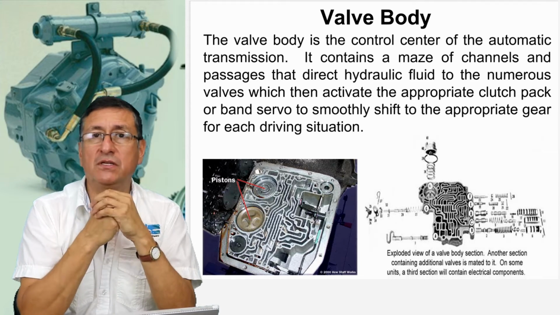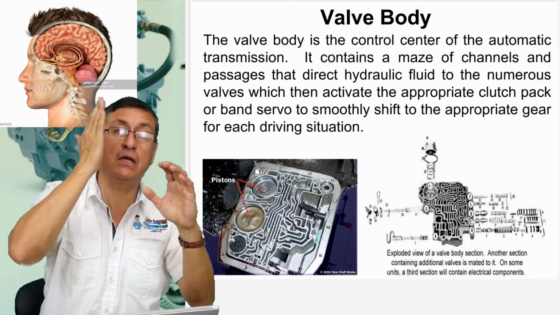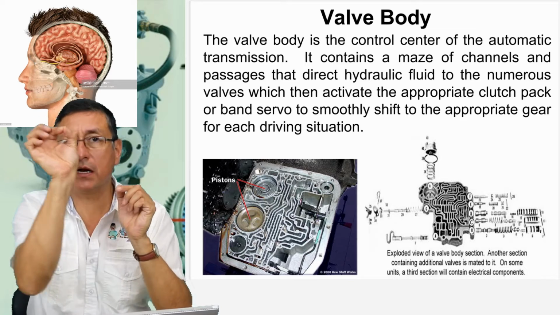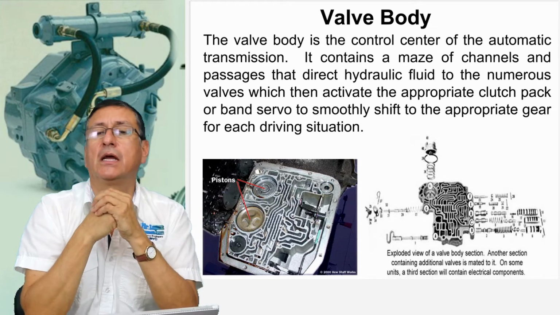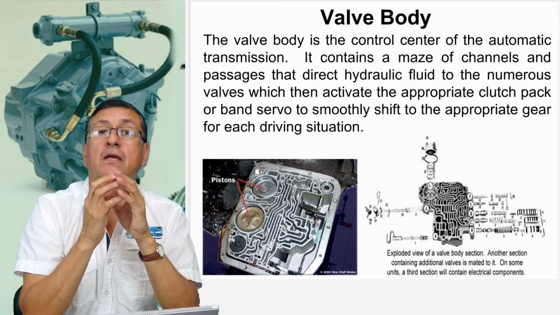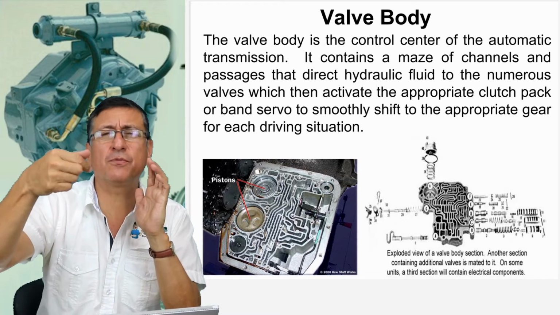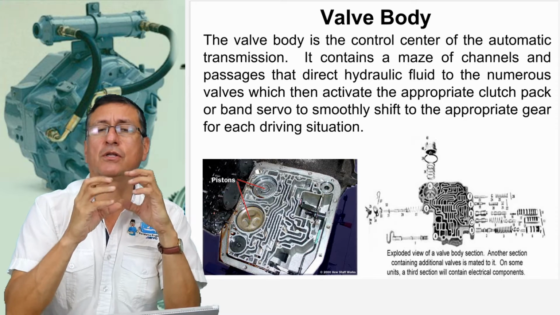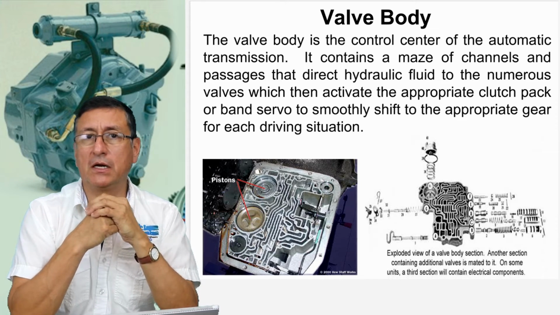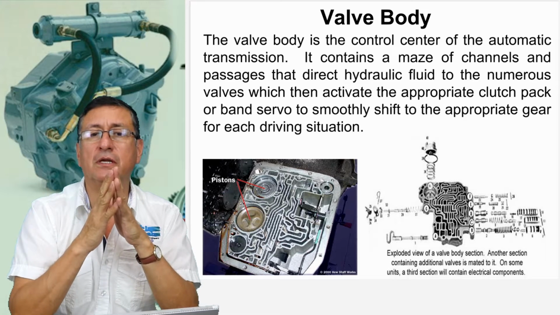It's similar to the brain; if you cut the brain, you have similar paths. In the valve body, you find a lot of pressure regulators in order to increase or decrease the pressure in different circuits, exactly the same as in electricity.